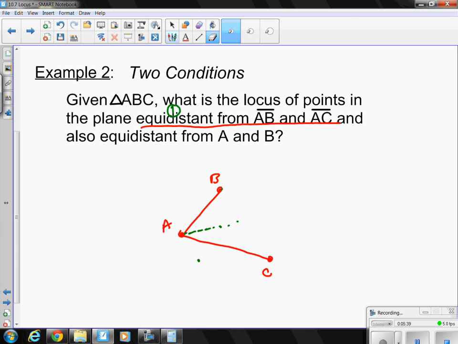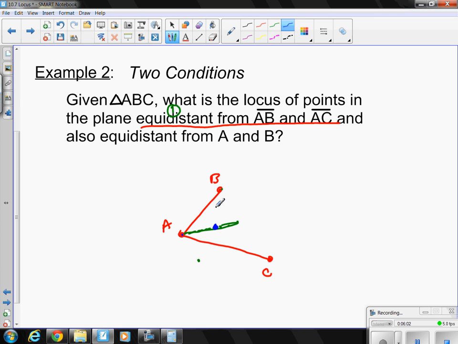So we probably have to stop right there. Now the second condition is, and also equidistant from A and B. So they have to be the same distance away from A as B. So if we look at this point, it is not the same distance away. Where is it going to be the same?